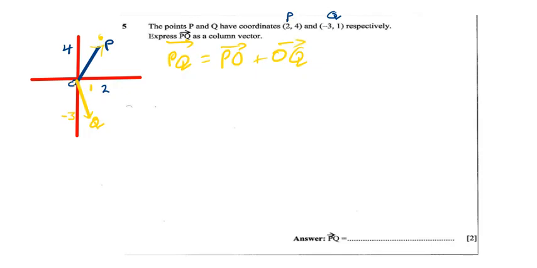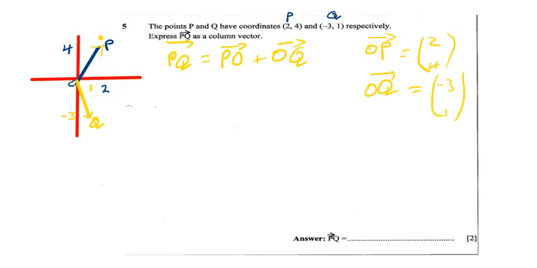Now if we are to get these coordinates, we have OP, right? OP, starting from the origin going to P, is represented by 2, comma 4. And our OQ, starting from the origin, is negative 3 and 1. We have expressed this as the column vector. Now we are looking for PO.